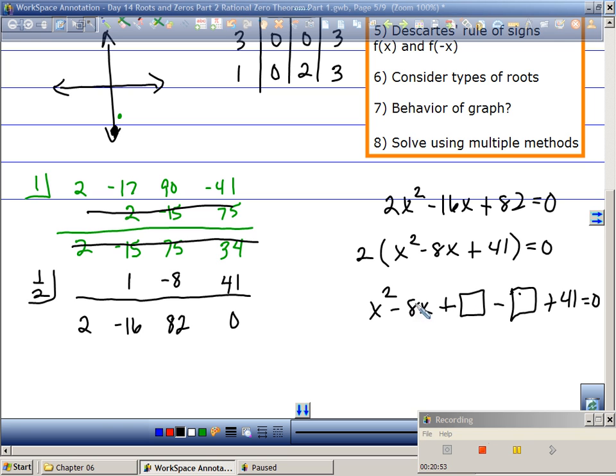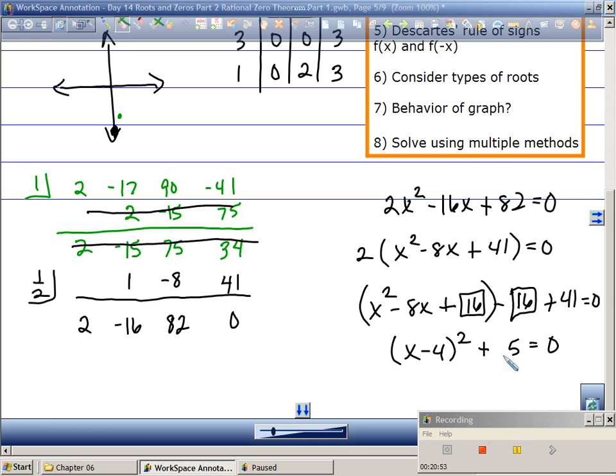What would complete the square? 8 cut in half is 4. 4 squared is 16. There's your square right there, which is x minus 4 squared. What's negative 16 and positive 41? 35, no, 25.